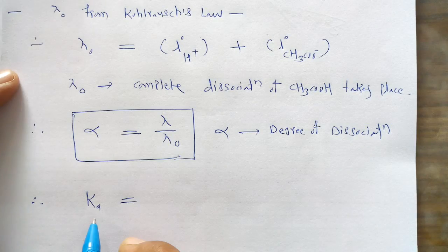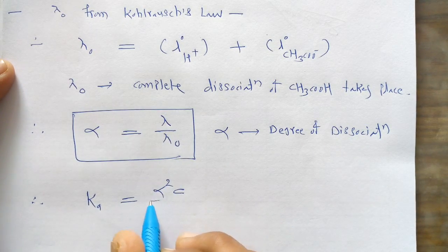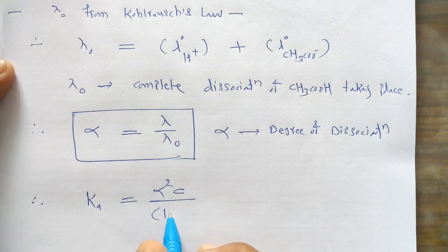So it is to be calculated by Ka is equal to alpha square C divided by 1 minus alpha.